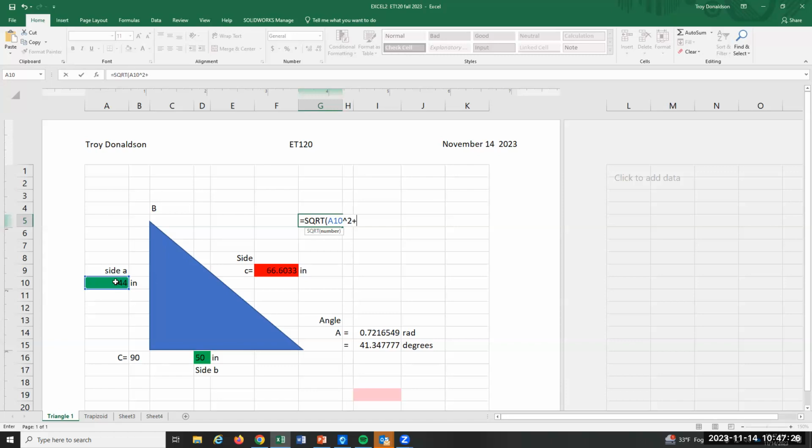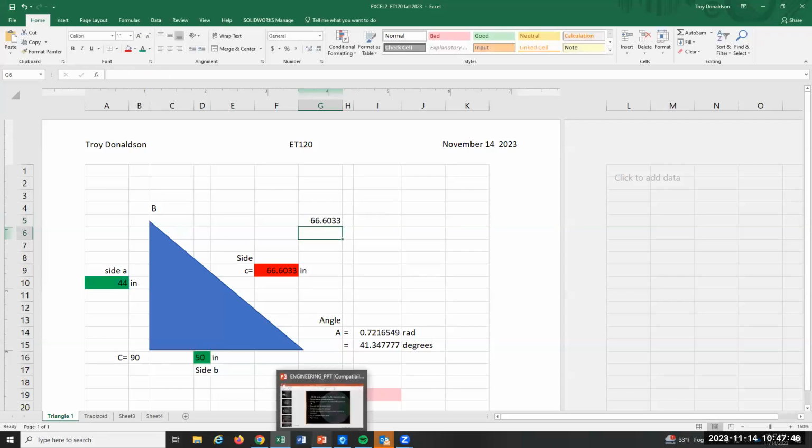I'm going to add this one to it, and I'm going to square it, right? And then I need to close my bracket. So now the square root's going to do the square root of that action. I would be using my calculator to verify that it's working for sure on all this. All right, hit enter and I get my number. Okay, that's how I got this. Good.